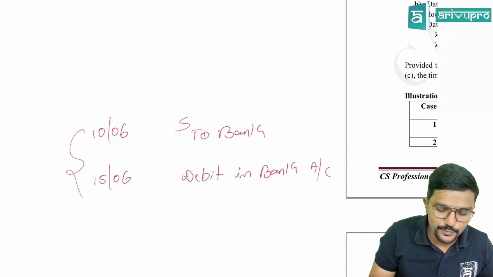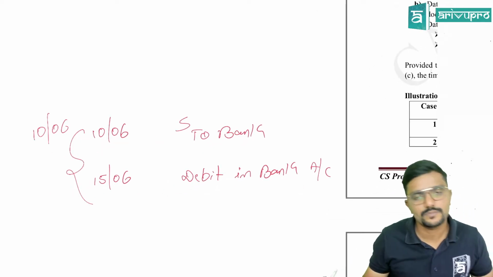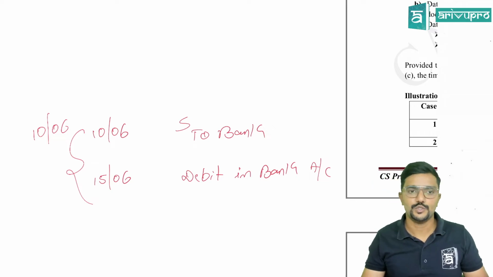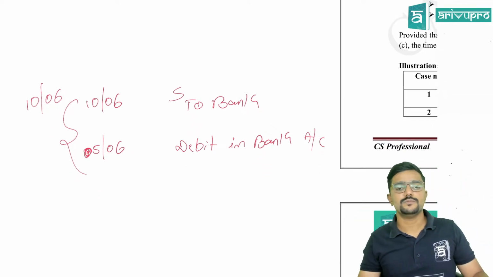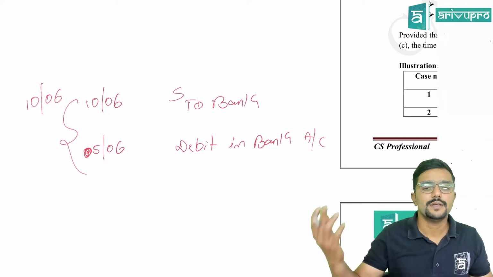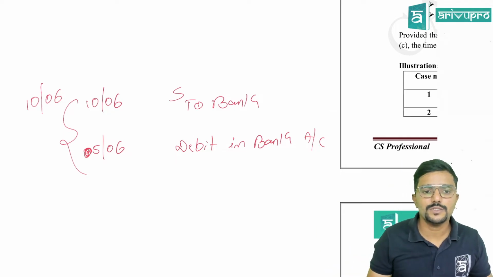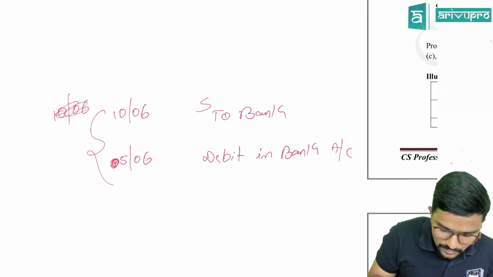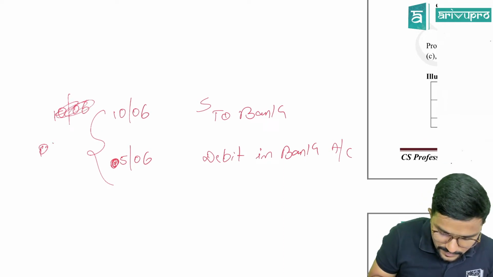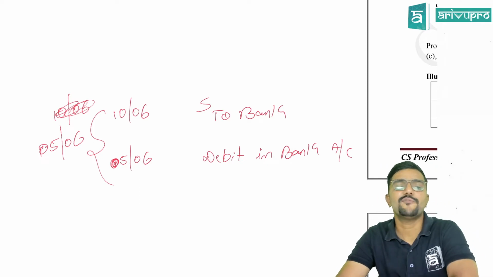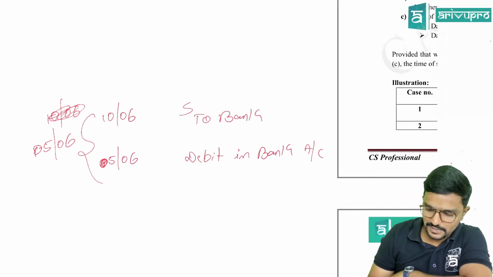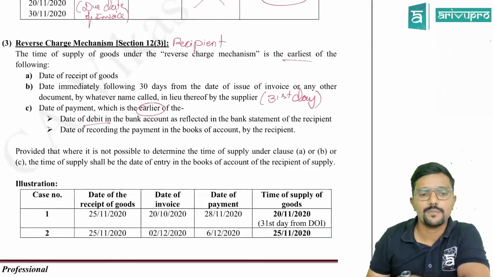Earlier of the two, that is 10th June. Or else, assume, sir, my bank account is debited on 5th June, and the entry is made in my books of accounts on 10th June. In that case, what is the date of payment? 5th June. We need to take the date of payment as 5th June, guys. Clear? So please be careful.